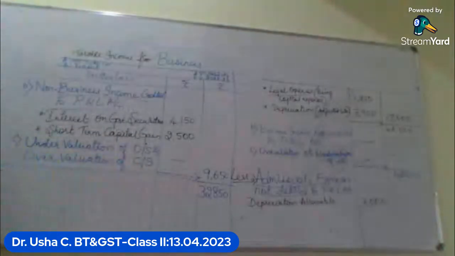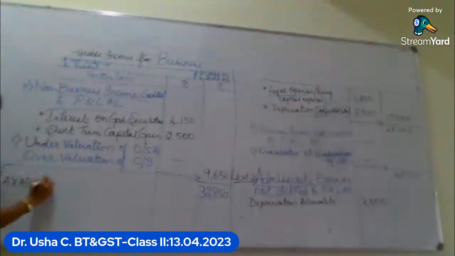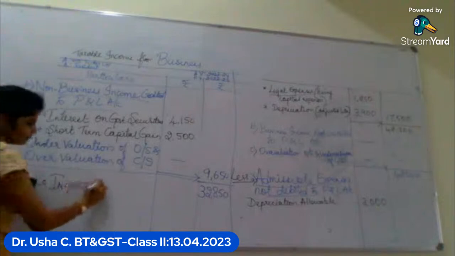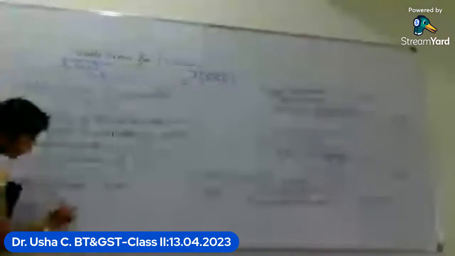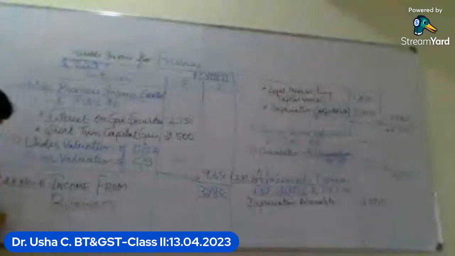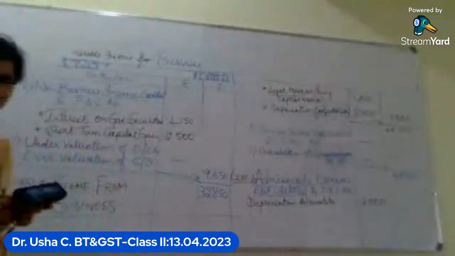This is called taxable income from business. What is the amount of taxable income from business?